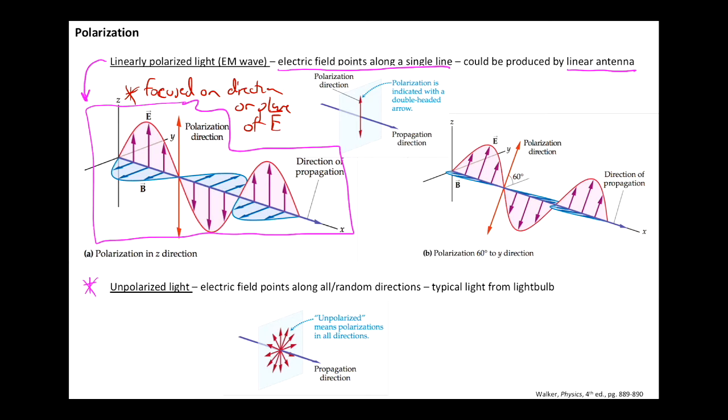And you can see the way they've represented unpolarized light with all these little arrows. This is electromagnetic waves that are a mixture of different planes of electric fields. So instead of having something that's really nice and neat where the electric field is all in this one plane, I've got a mixture of all these EM waves where some of them maybe are in one plane and some of them are a little off from that and maybe some are completely backwards.